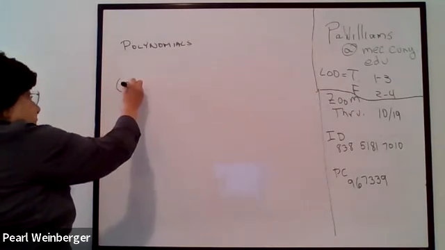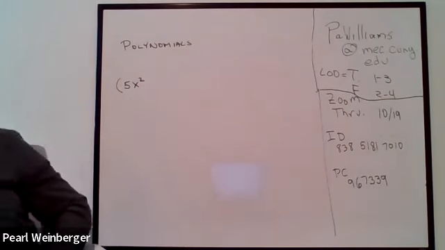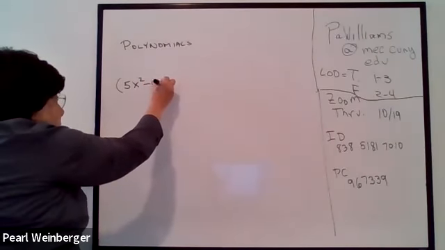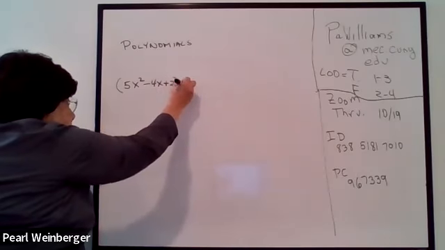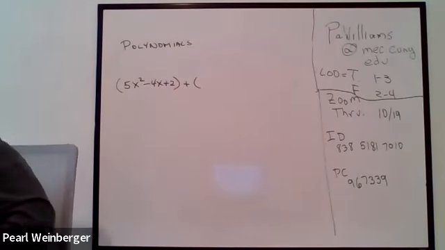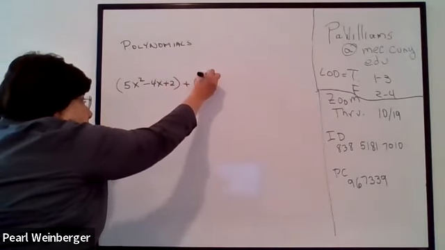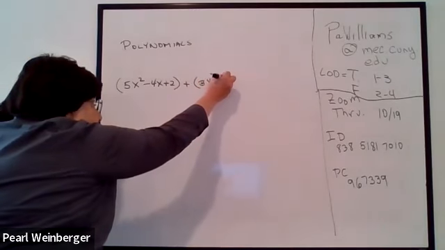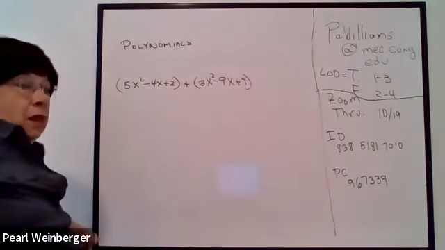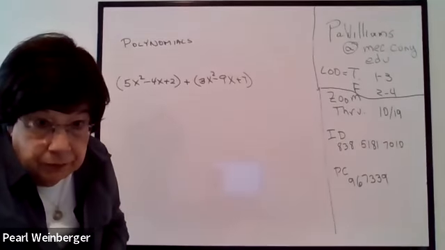I'm going to add 5x squared minus 4x plus 2, plus my second polynomial, which is 3x squared minus 9x plus 7. Let me show you how I think this should be done.